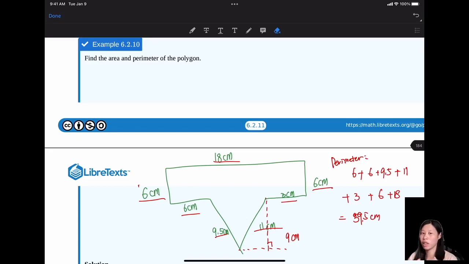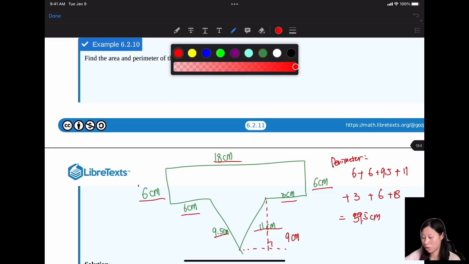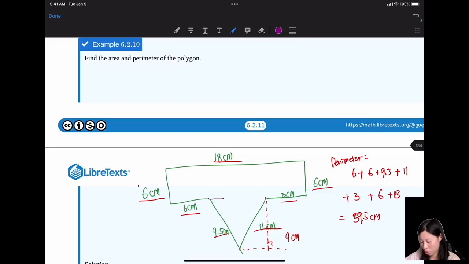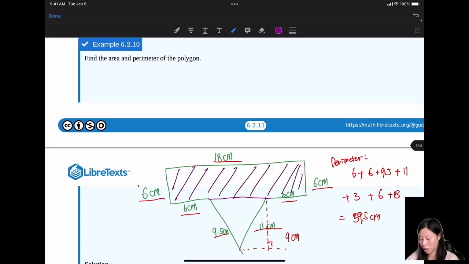If we can divide it into those shapes that we are more familiar with, it will be easier for us to find the area, right? So now I'm going to divide this into 2 parts. One on top is a what? Is a rectangle. And then the other shape in the bottom, which is the dotted one, is a triangle.